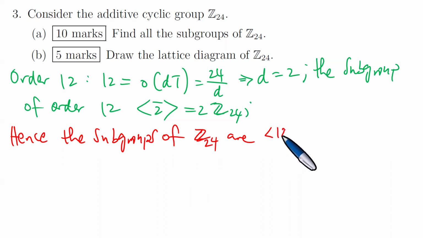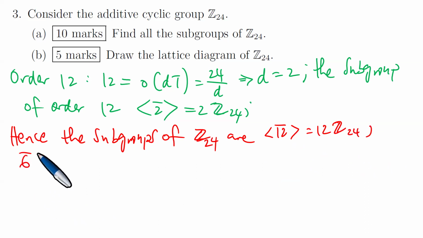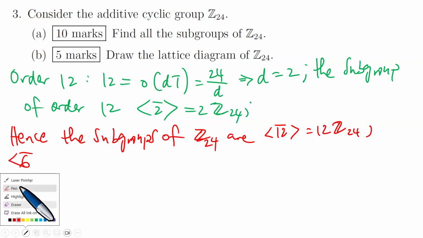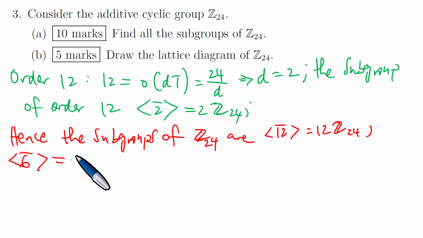you can write them in any order, please. 12 bar, which is 12 Z24. It might not be exactly the order in which you wrote them previously, but we're just listing them.